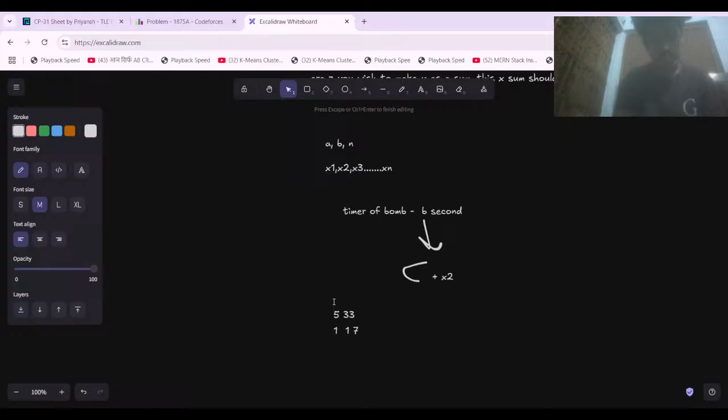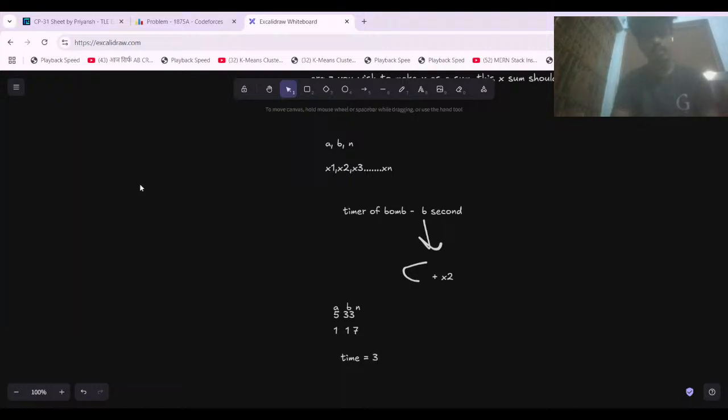This is like A, and this is B and this is n. So the time is 3, and the initial value, there is a bug that it is 5 seconds: the timer cannot cross a value of 5 seconds, all right?